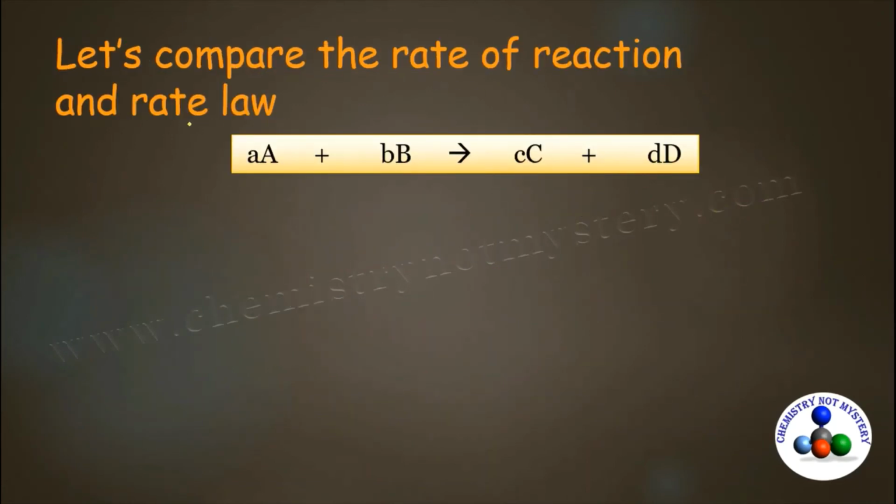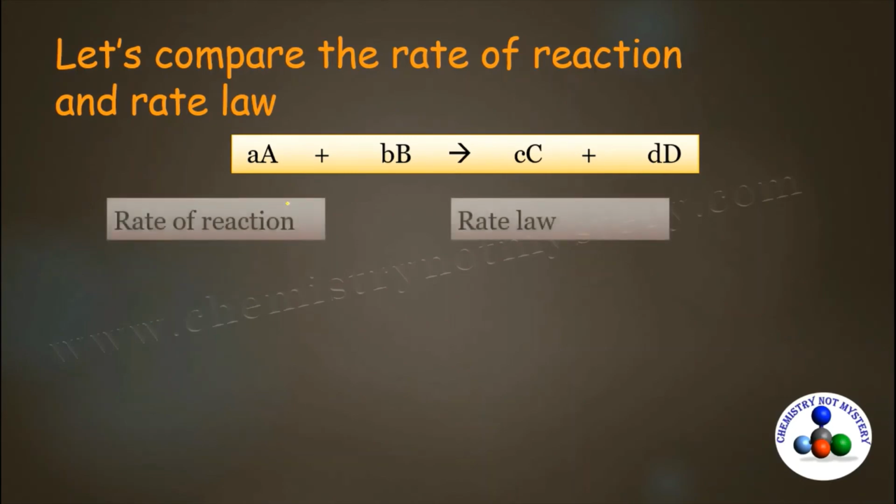Now compare the rate of reaction with rate law. As we have studied in our previous video, rate of reaction can be expressed either in terms of change in reactant concentration with respect to time, or in terms of change in product concentration with respect to time.